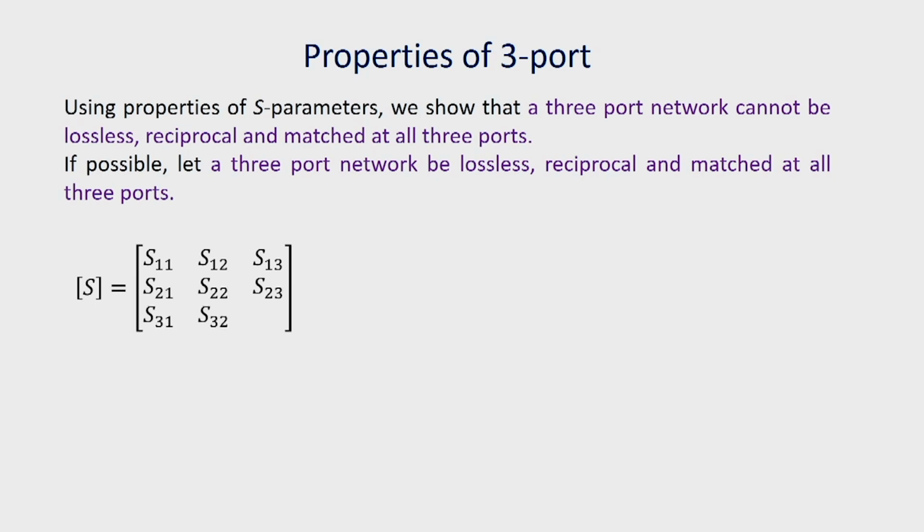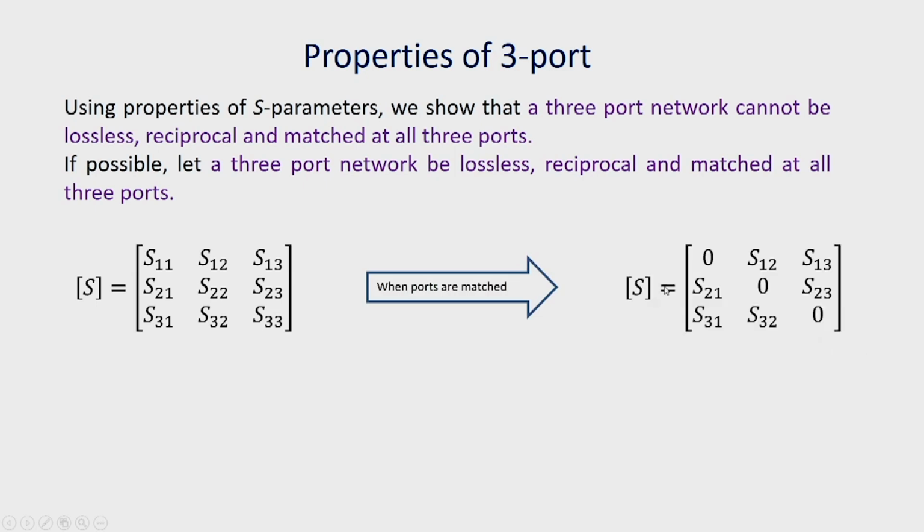So, a 3-port S parameter matrix can be written in this form: S11, S12, S13, S21, S22, S23, S31, S32, S33. Now, if we consider that all the ports are matched, then we get an S matrix where the diagonal elements are 0: S11 is 0, S22 is 0, S33 is 0.